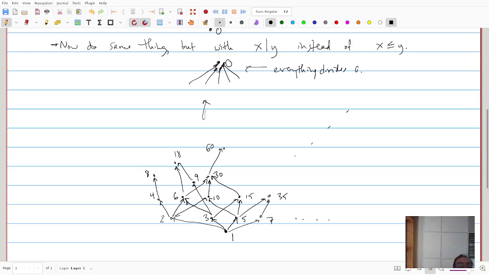Another thing I'll say about this: on layer 1, there's the 1 all by itself. And then composite numbers over here.